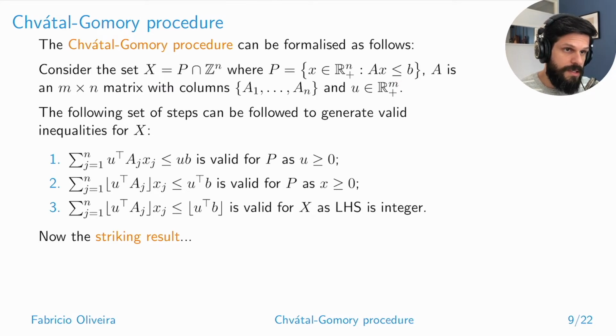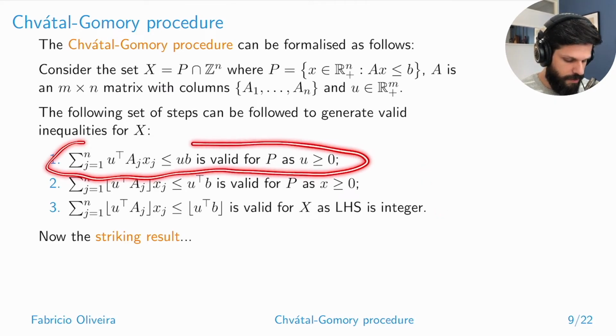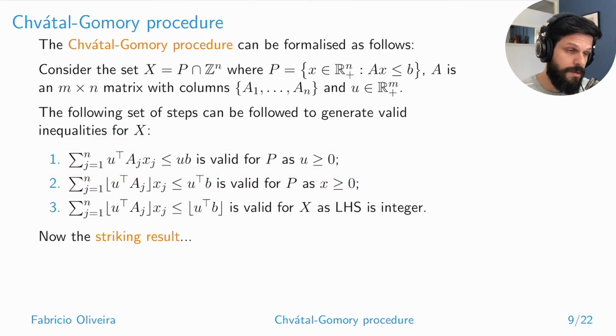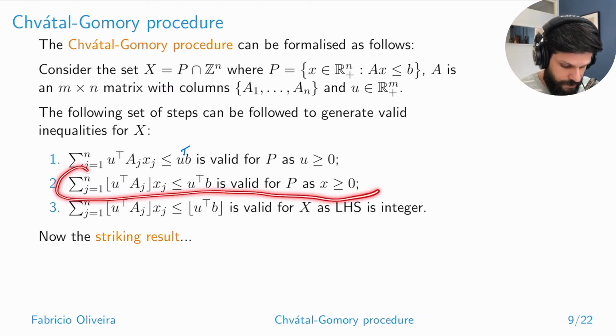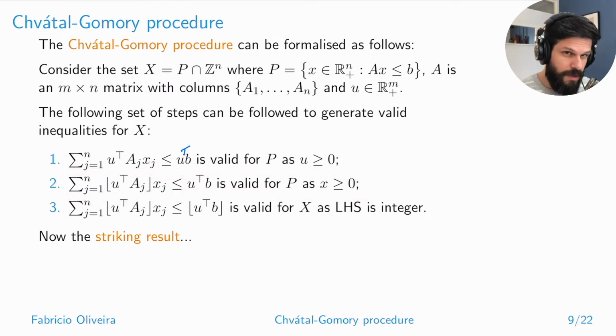So you can see that if we follow this set of steps, this first step generates a valid inequality for P, because we just showed how it is the case. Sorry, there's a transpose missing here. That's one.